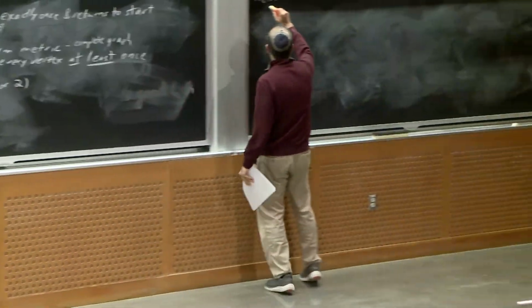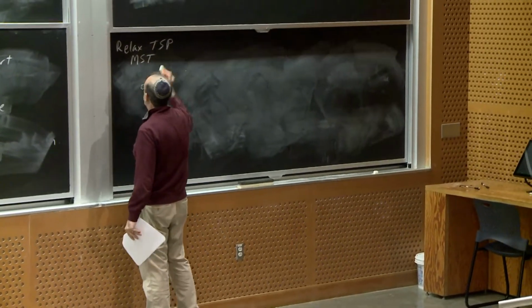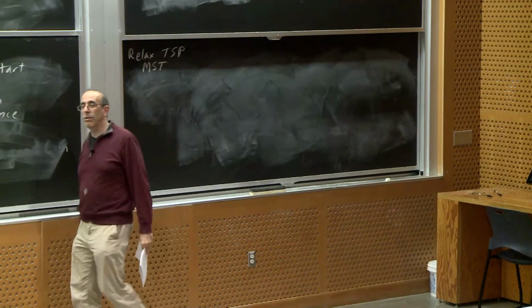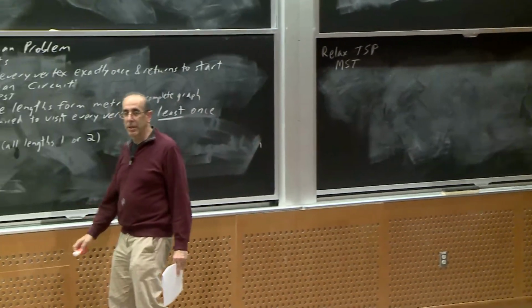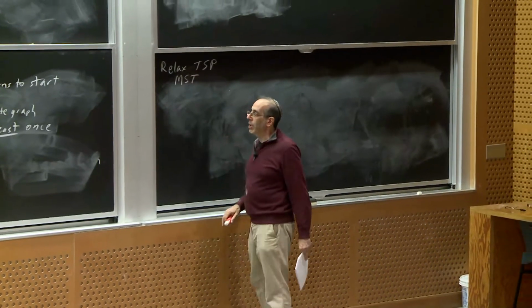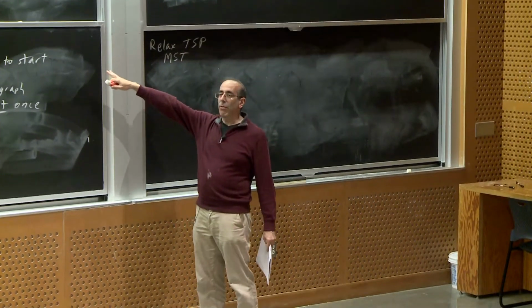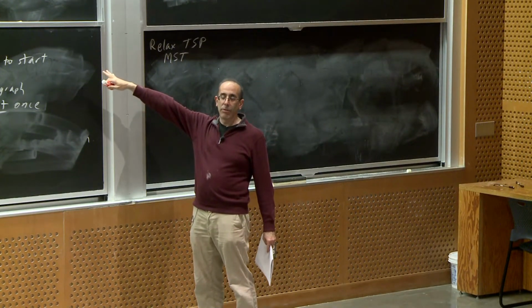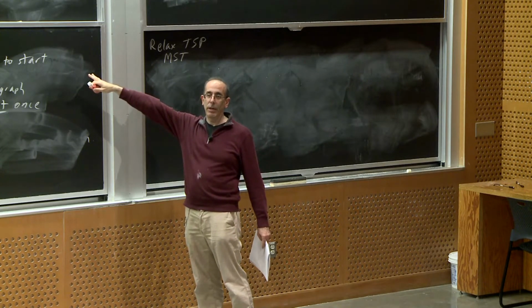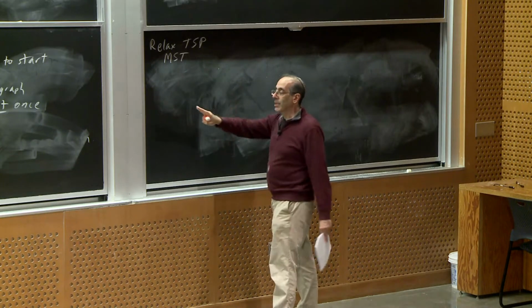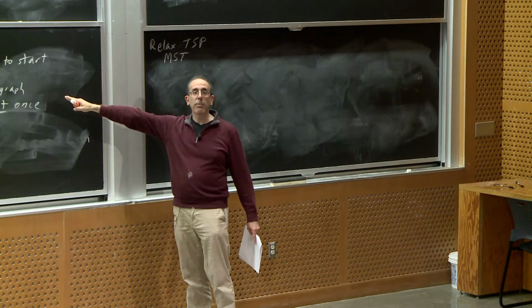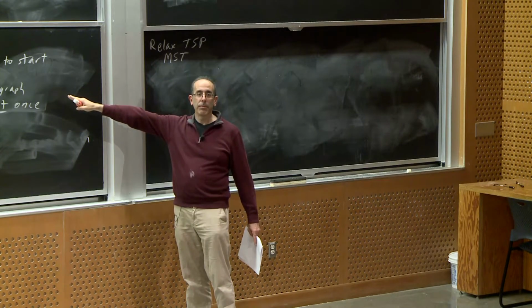So I claim that the minimum spanning tree problem is a relaxation of the traveling salesman problem. Okay. With a little fudge, right? The point is that if I leave off one edge from the Hamiltonian circuit, right, then what's left is a path, which is a special case of a spanning tree. Right?